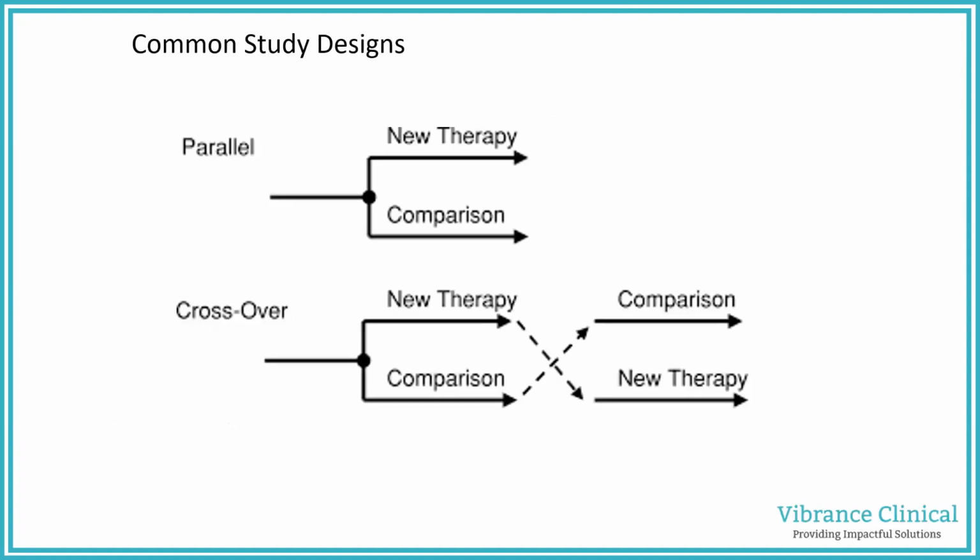So standard common designs are parallel and crossover therapy. This can happen for any type of trial. So you're trying a new therapy and you are doing the comparison. You get two sets of groups of patients, arm A and arm B. In one arm, you assign them the new therapy, and in another arm, you give them the comparator therapy, which is the standard of care, for example.